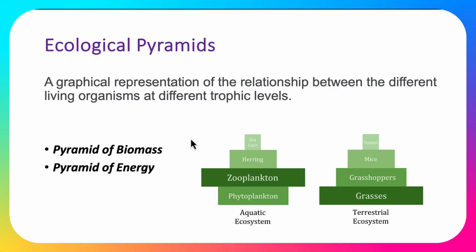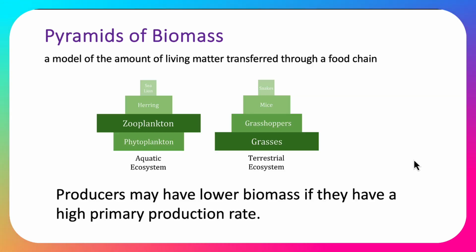Now, another way we can represent this is through ecological pyramids. Again, this synergy between biomass and energy. It's a graphical representation of the relationship between different living organisms at different trophic levels. So the size of these tries to reflect the amount of energy or biomass that's available.